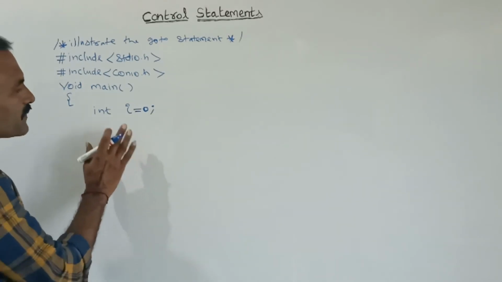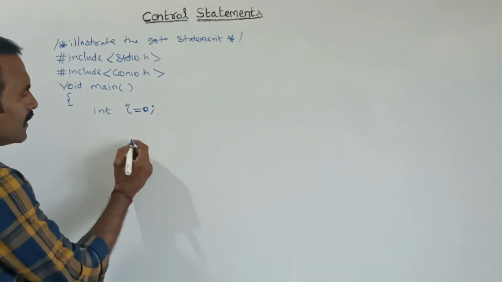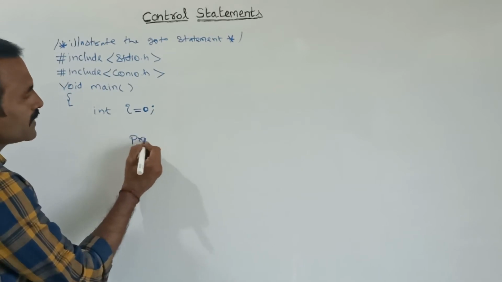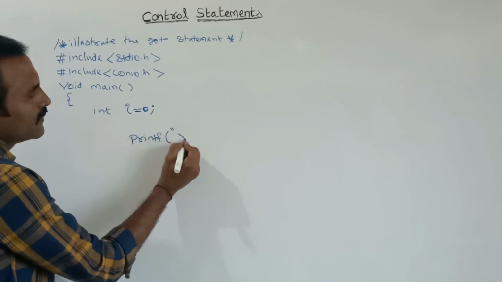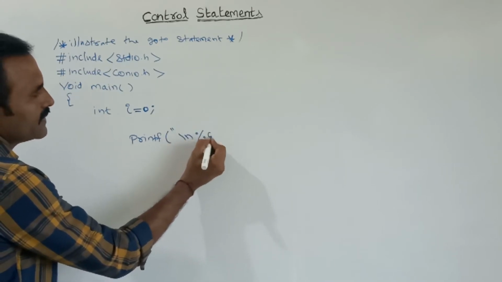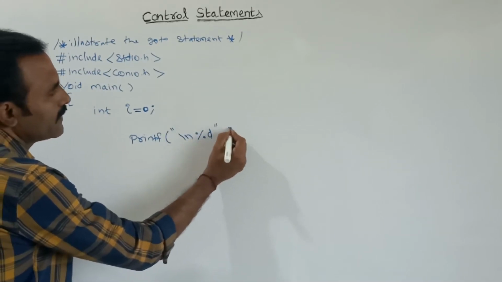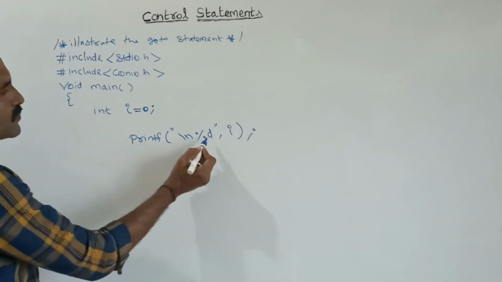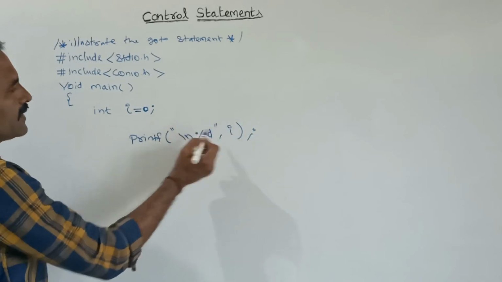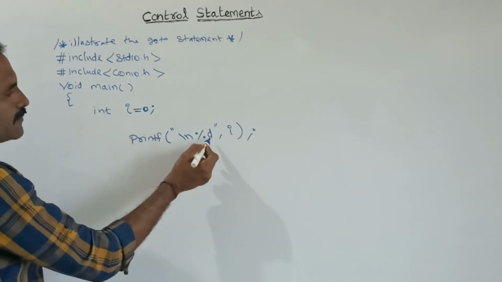In this part I am telling it to print the value of I, with slash n and percentage d, then I. This is an integer data type, so I am using percentage d. What data type is this one? Integer data type, so percentage d.